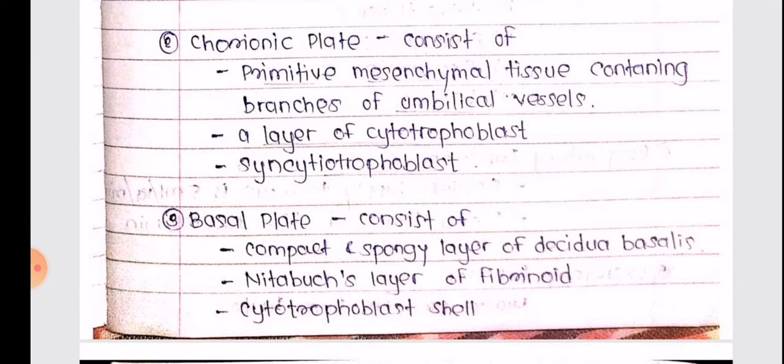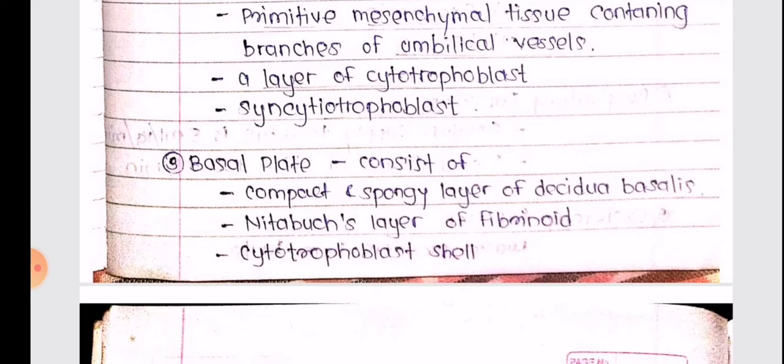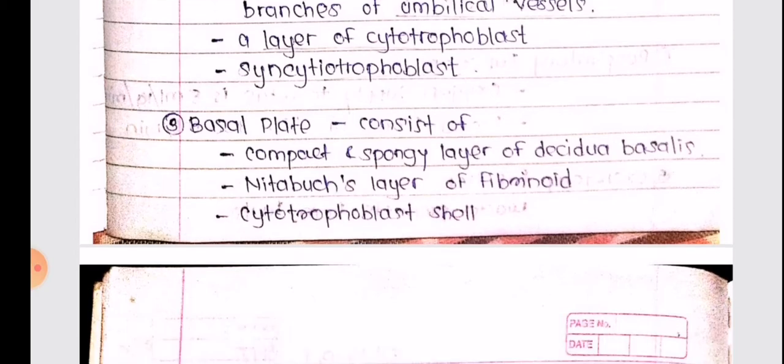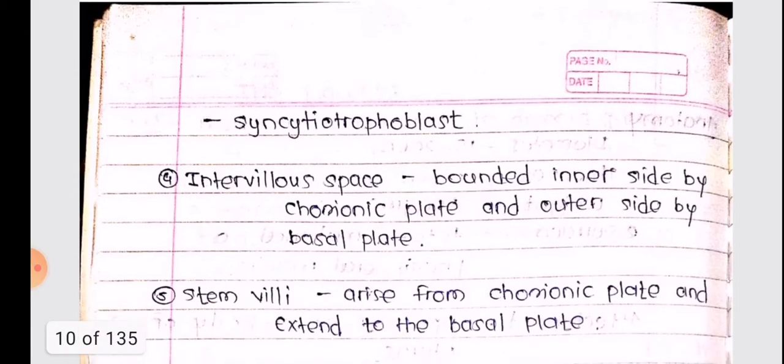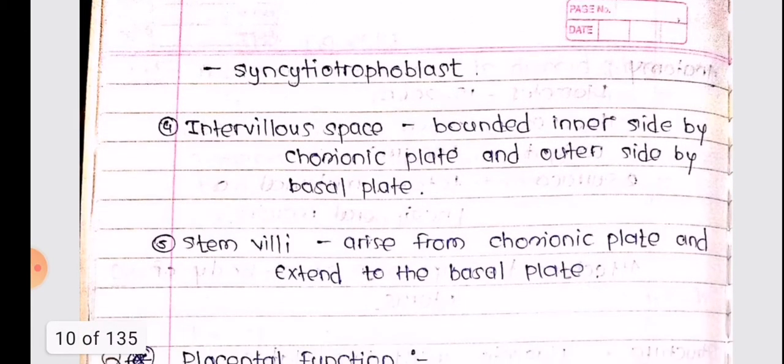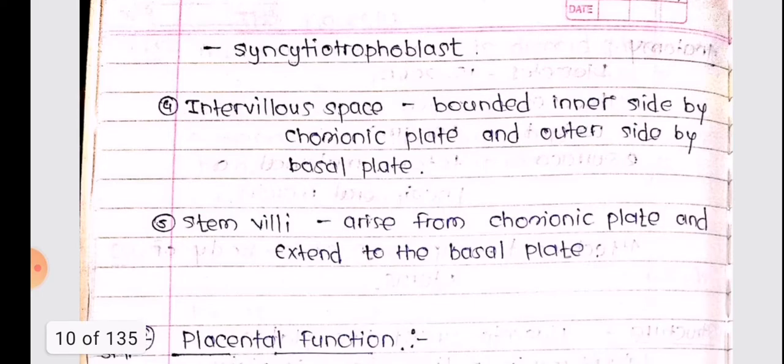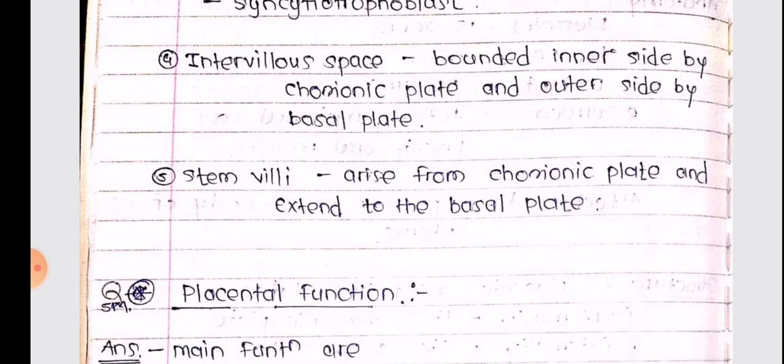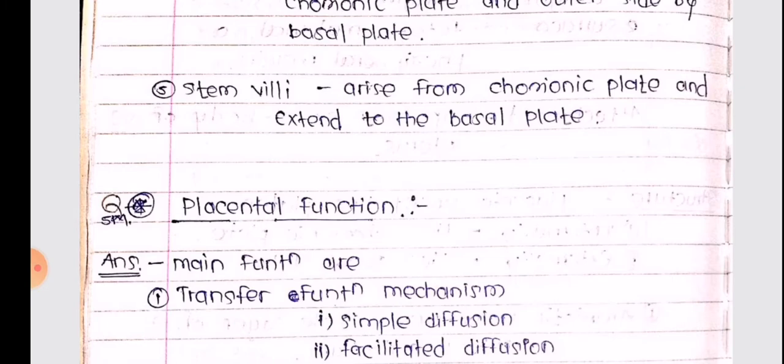Basal plate consists of compact and spongy layer of decidua basalis, Nitabuch's layer of fibrinoid and cytotrophoblast shell, and syncytiotrophoblast. Intervillous space is bounded on the inner side by the chorionic plate and on the outer side by the basal plate, and lastly the stem villi, which arise from the chorionic plate and extend to the basal plate.